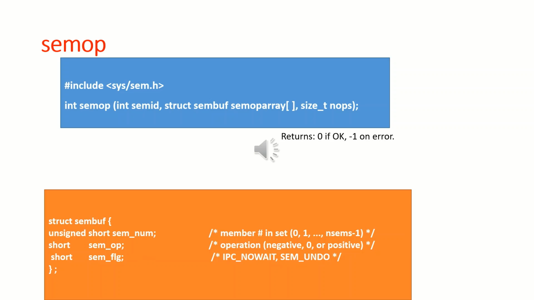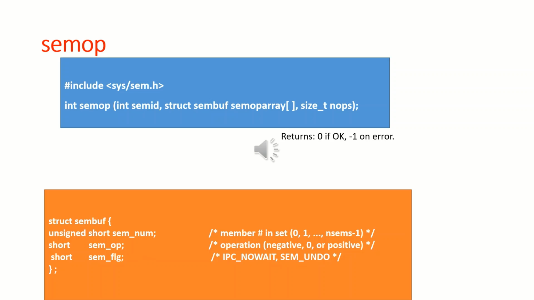The absolute value of sem_op is subtracted from the semaphore's value. This guarantees that the resulting value of the semaphore is greater than or equal to 0. If the undo flag is specified, the absolute value of sem_op is also added to the semaphore's adjustment value for this process.